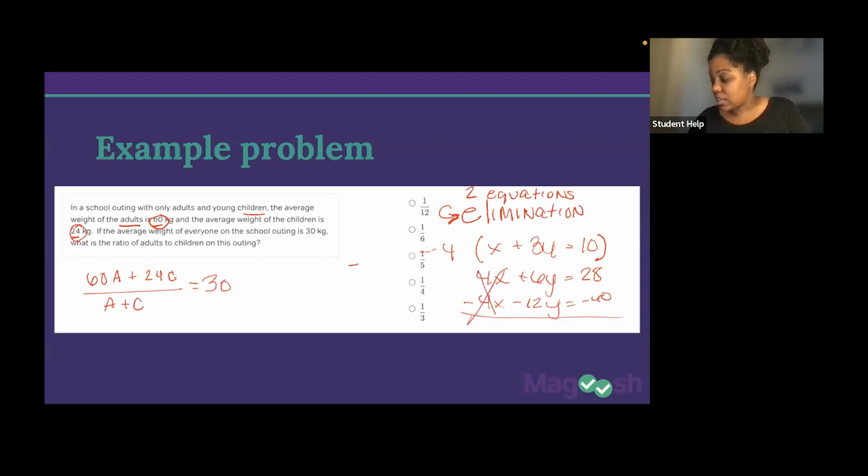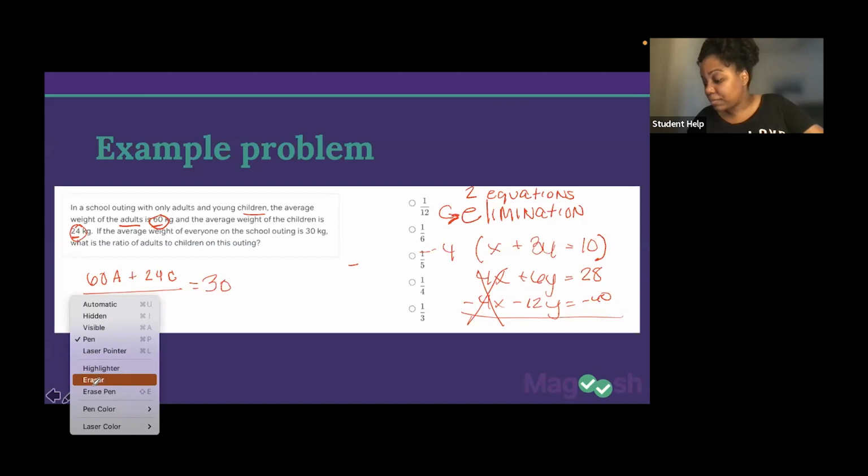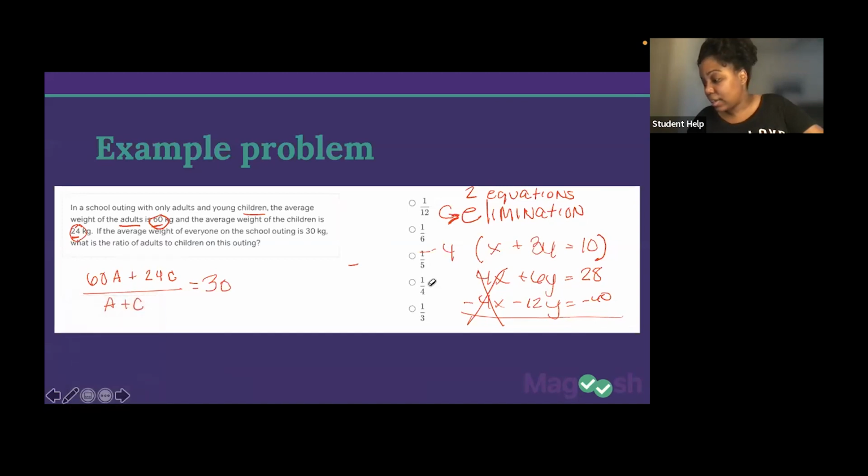That allows you to cancel out your x to solve for y, or your y to solve for x if you needed the other value. All right. Yay, whoever just answered got it right.